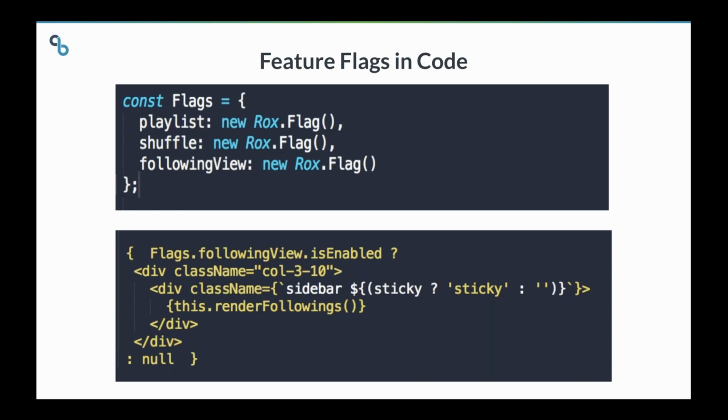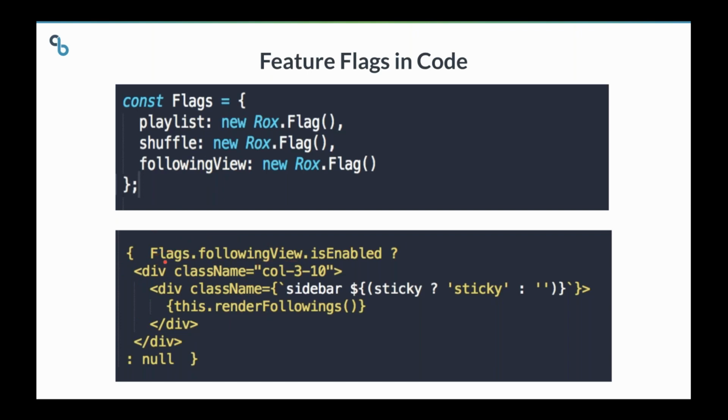Here we have an example of how you would actually implement a feature flag in your code. Again, very simple. Right here at the top, we're defining our flags inside of a constant. This is JavaScript, by the way. So we're defining our flag here, for example. This following view is now a flag. And then in our code itself, we're wrapping this div in our feature flag.